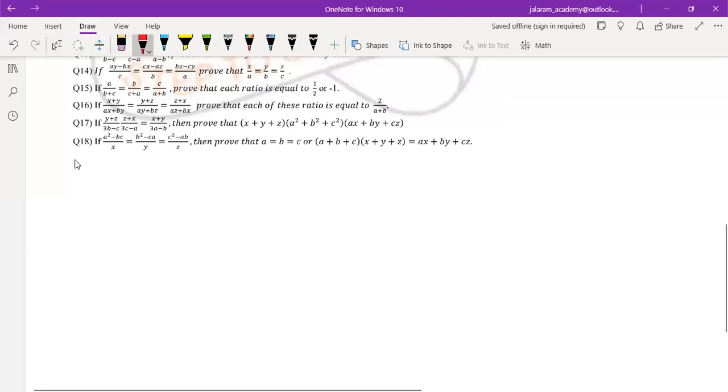Today we will discuss some more important questions from ratio and proportion related to property.